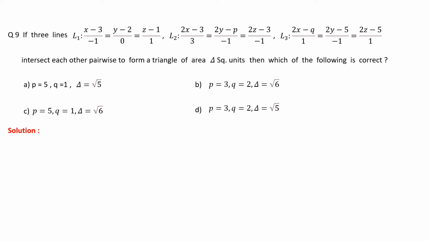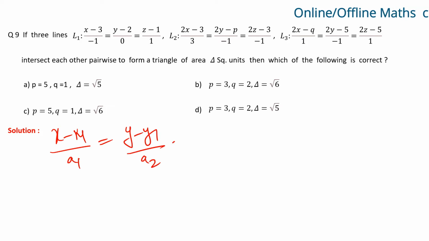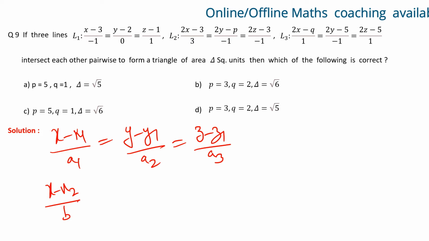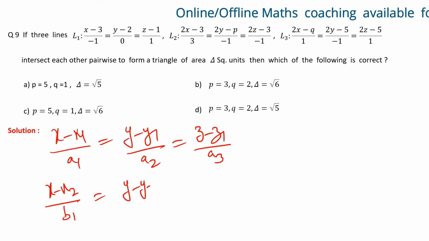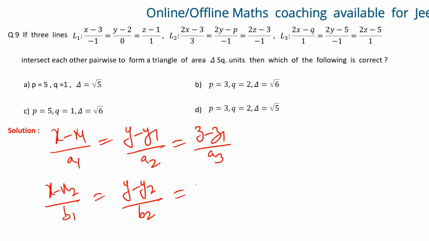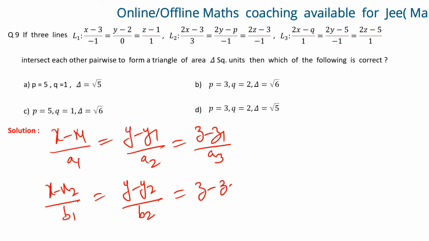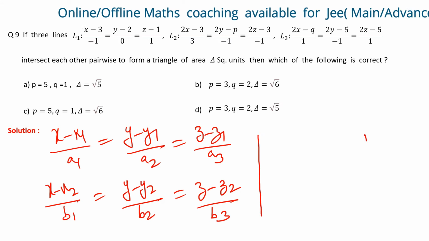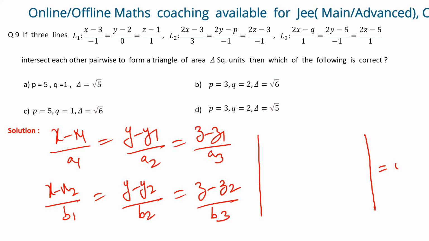Now students, from the concepts of 3D, we know that whenever there are 2 lines in space like (x minus x1)/a1 = (y minus y1)/a2 = (z minus z1)/a3 and (x minus x2)/b1 = (y minus y2)/b2 = (z minus z2)/b3, then these 2 lines would be coplanar if the value of this determinant is 0.